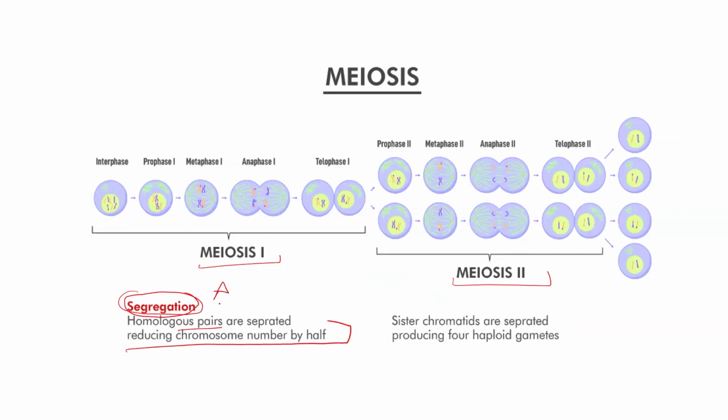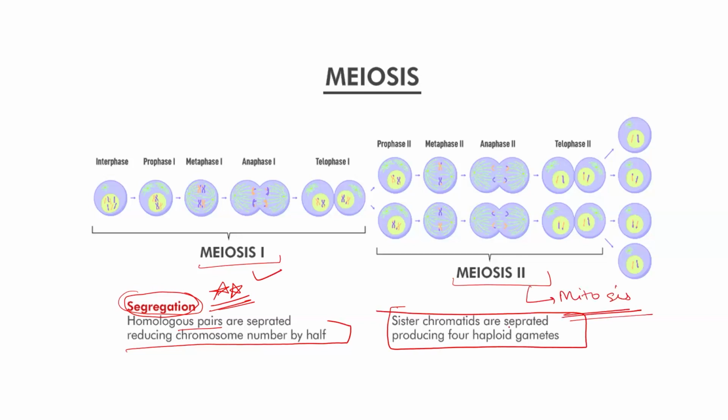So the chromosomal reduction happens in meiosis 1, while meiosis 2 is similar to mitosis, where sister chromatid separation happens, resulting in 4 haploid gametes.